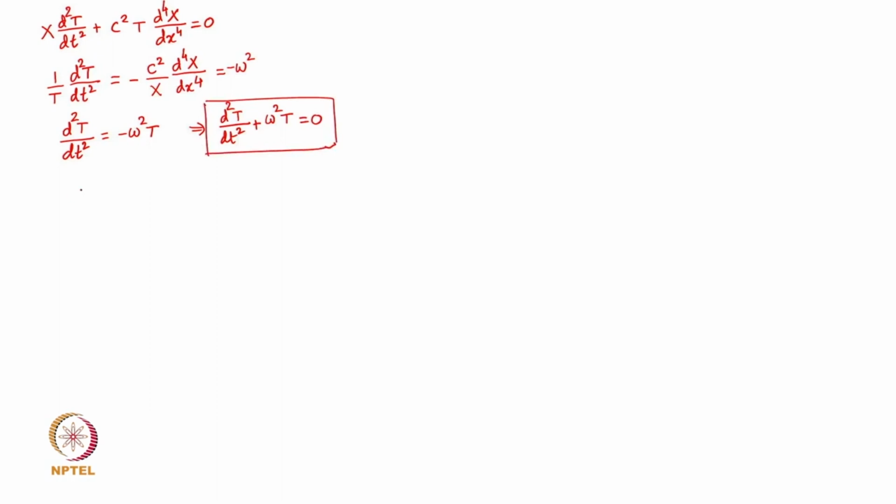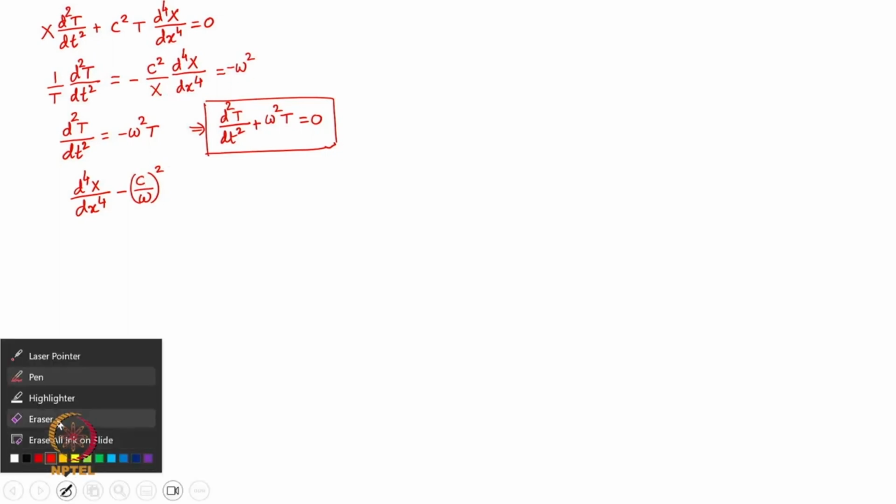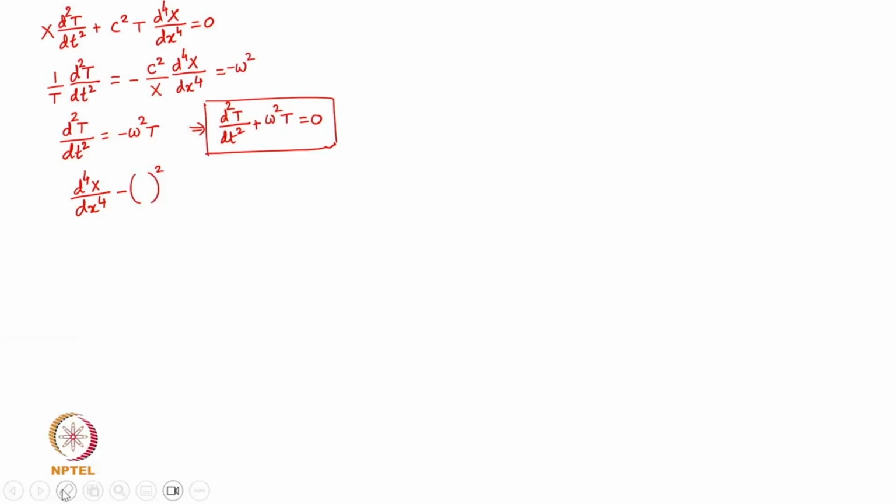This is going to be d⁴X/dx⁴, right? This you get as (omega by c) whole square, right? Okay, so you get this as (omega by c) whole square into X equal to 0.